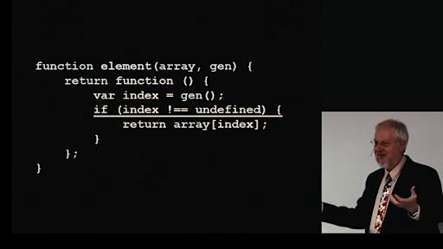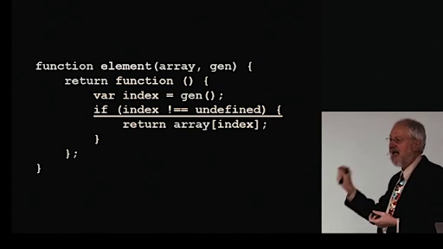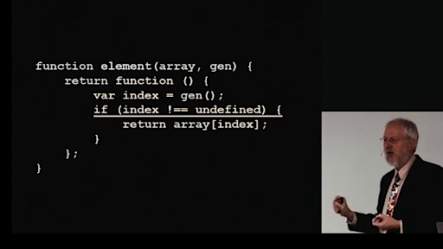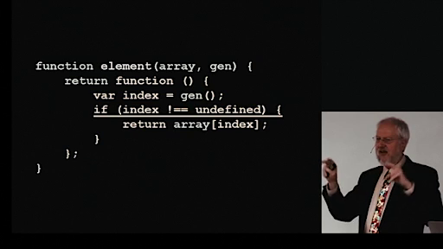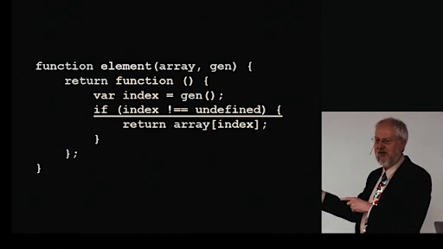So it kind of accidentally works if you leave that test out, except in the case where someone creates an undefined property in the array, then they can cause the behavior of this function to change.